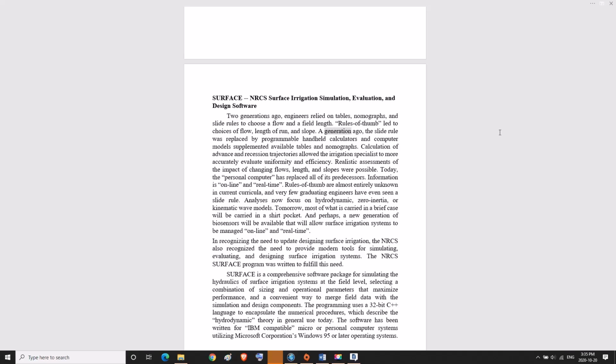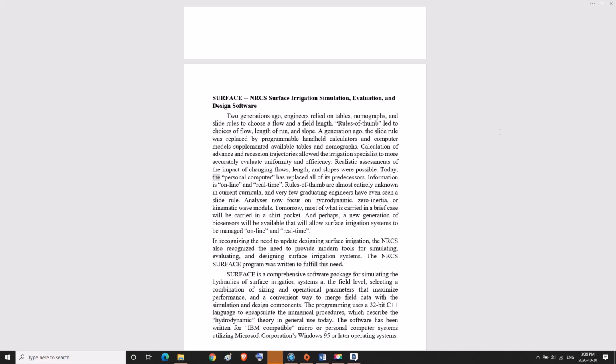A generation ago, the slide rule was replaced by programmable handheld calculators and computer models supplemented available tables and nomographs. Calculation of advance and recession trajectories allowed the irrigation specialist to more accurately evaluate uniformity and efficiency. Realistic assessments of the impact of changing flows, length, and slopes were possible.